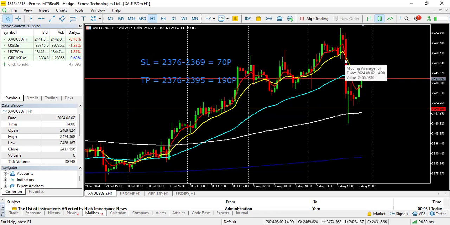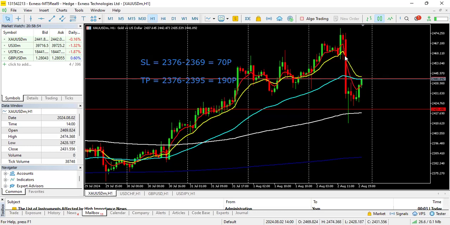But you can see for this one, this candle was too big, so the place you are supposed to put your stop loss is too wide. Only if you're able to spot this very early, maybe on 15 minutes, you know. But judging by using only the 1 hour time frame, it's a sorry case. Just leave it as it is.